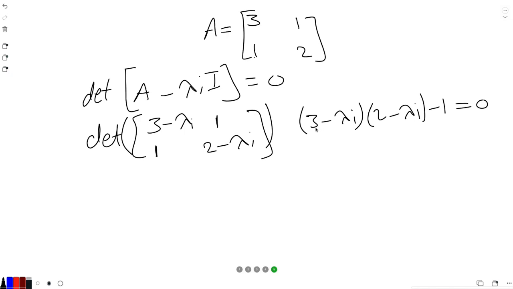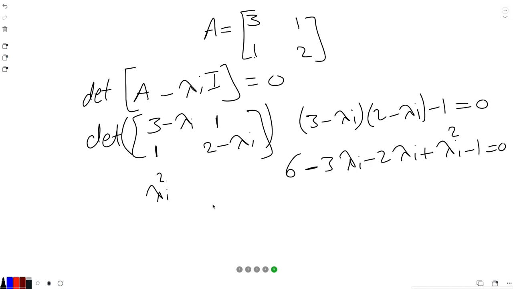So this will be 3 times 2 is 6, and 3 minus 3 lambda I, then minus 2 lambda I, then plus lambda I square, minus 1 equal to 0. You can see here that it is lambda I square minus 5 lambda I, and then 6 minus 1 is equal to 5, so plus 5 equal to 0.